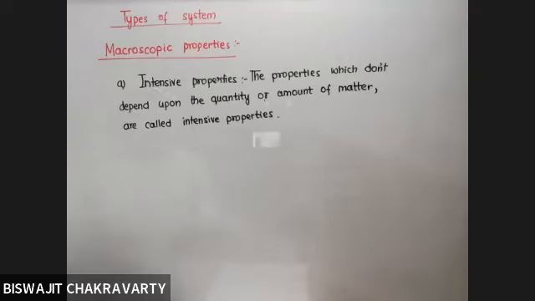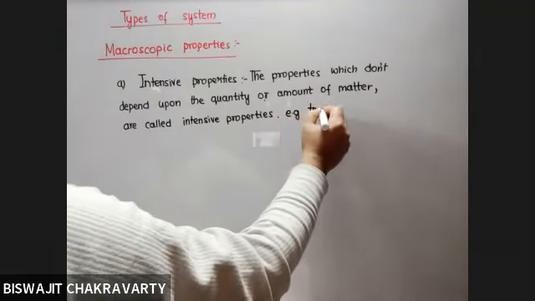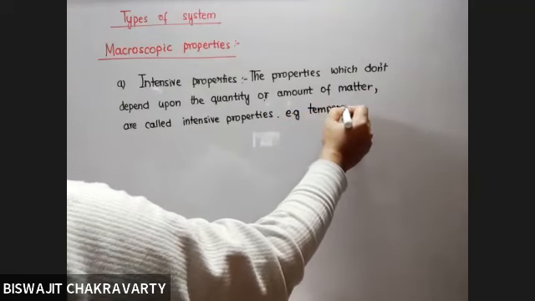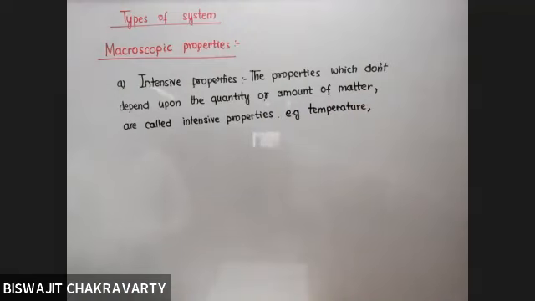So let us try to understand what are those properties which do not depend upon the amount. Temperature. So temperature is independent of the amount of the substance. Density.